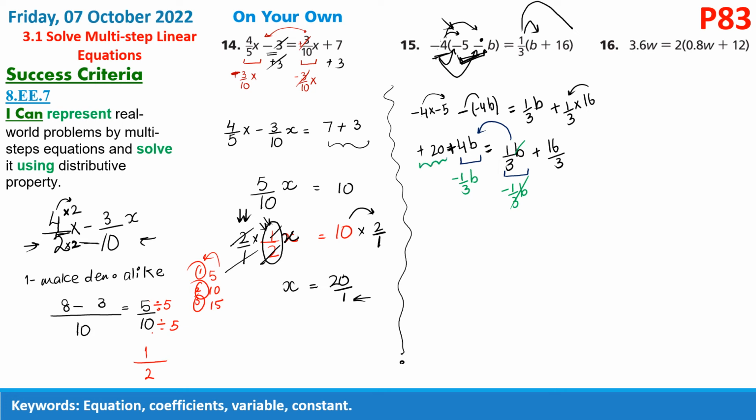What will I do? I bring it here. So I write here minus 20 and here also minus 20. Okay, now what is left? I will write 4b left, minus 1 by 3b left, then equal left, then 16 by 3 left, then 20 left.